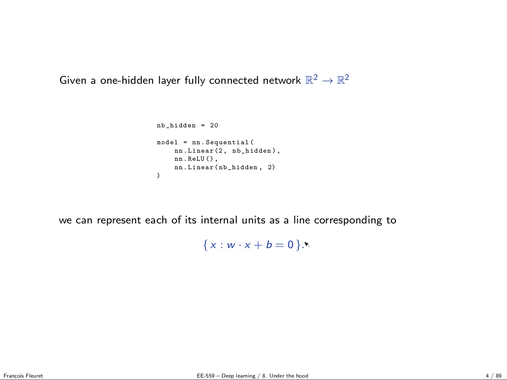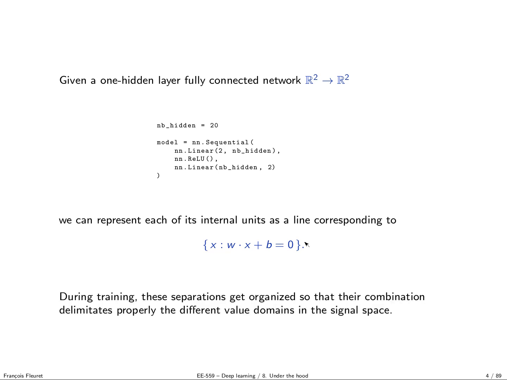On one side of this line the unit is positive, on the other side it's negative. During training, those lines are going to move around. So the decision boundaries of the units are going to move, and we see that they get arranged in a way that allows the final decision to be made.